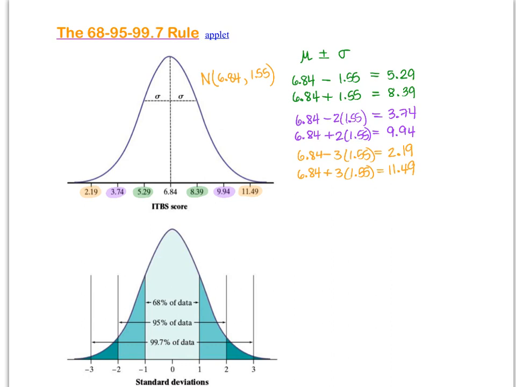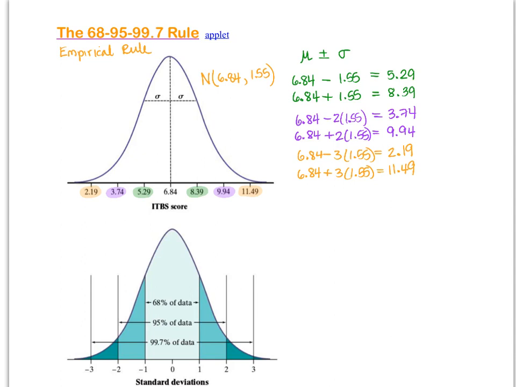What do these numbers mean? Well, this is another thing that the normal probability distribution does. It follows this 68, 95, 99.7 rule, which is also called the empirical rule. And the empirical rule tells us how much of the data we can expect to see how far away from the mean.